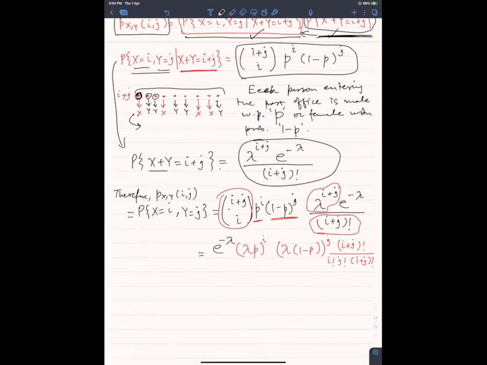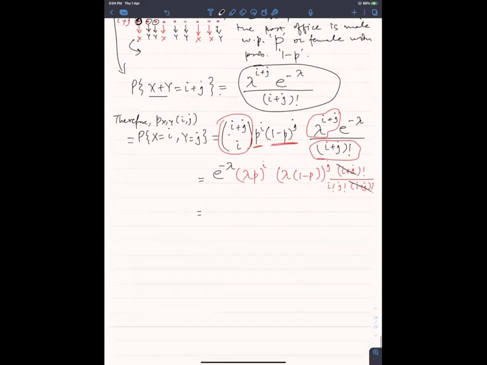So this gets cancelled and this will turn out to be e to the minus lambda, (lambda p) to the power i, (lambda (1 minus p)) to the power j, divided by i factorial, divided by j factorial.